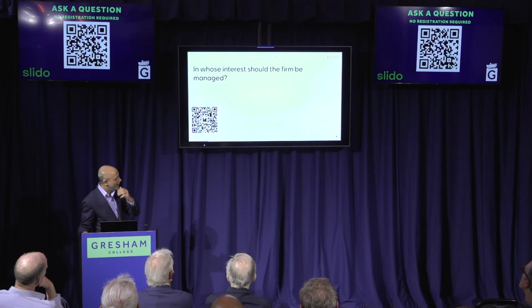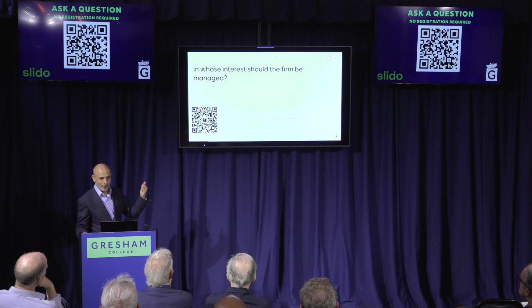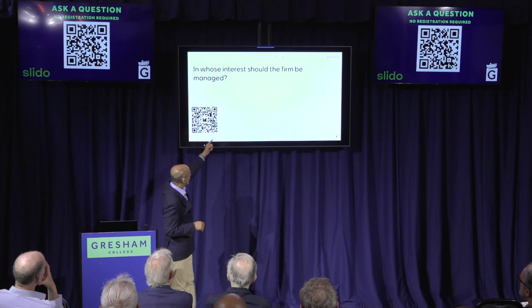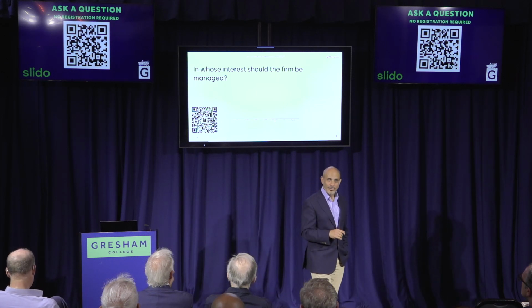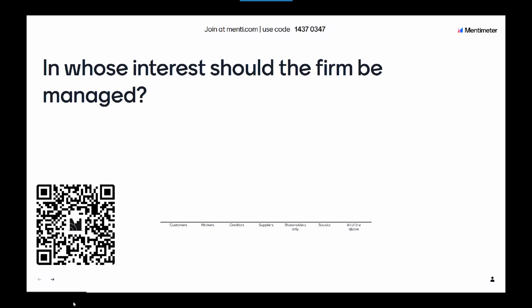And I'd like to ask you what you think. So if you have your phone, you can use that QR code to tell me in whose interest you think the firm should be managed. Customers, workers, creditors, suppliers, shareholders, society, all of the above.